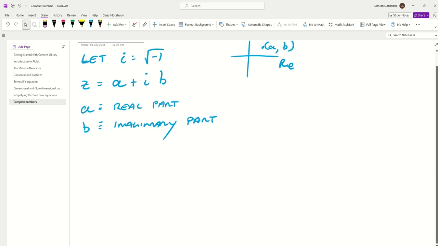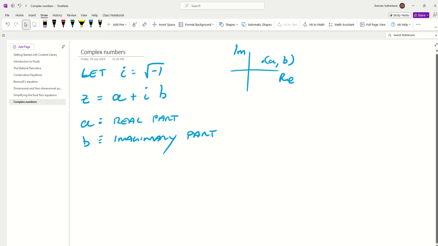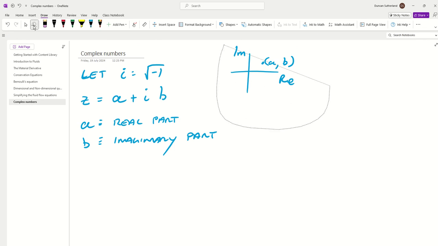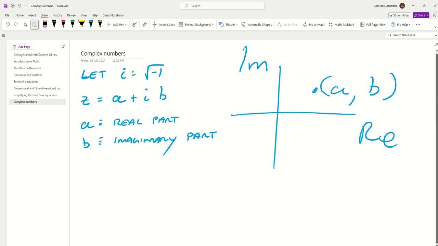The key results that you need to know are this Cartesian or rectangular description's not that useful. Indeed, what usually happens is that we start using a polar form where you treat it with this angle and with some magnitude.